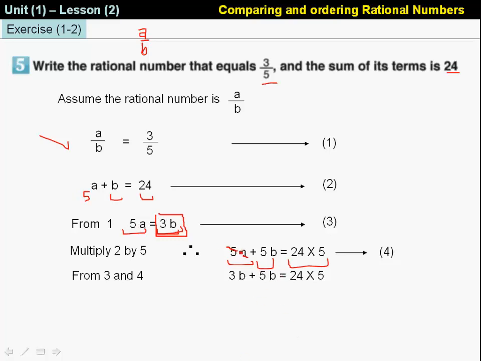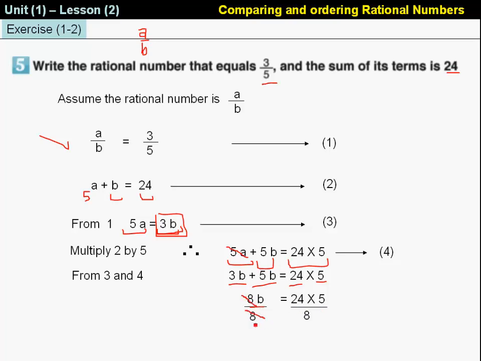So, 5a can be replaced with the 3b plus 5b is equal to 24 times 5. This is 8b is equal to 24 times 5, divided by 8.